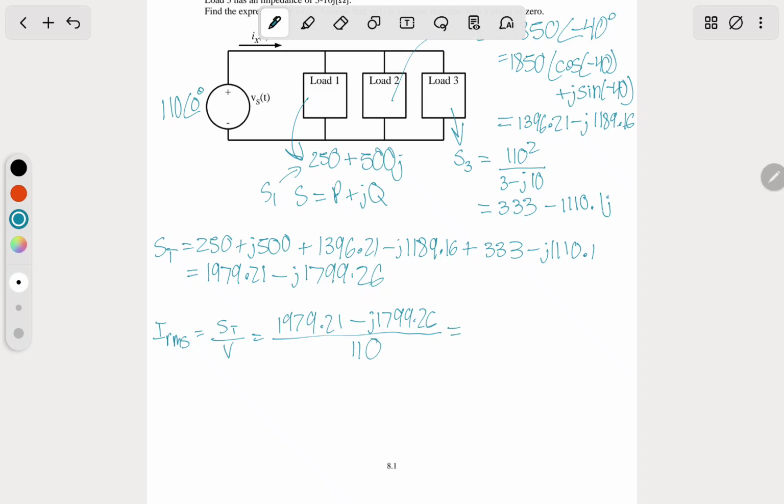This gives us 17.99 minus imaginary 16.36. We then have to take its conjugate in order to find the current Ix at time t.